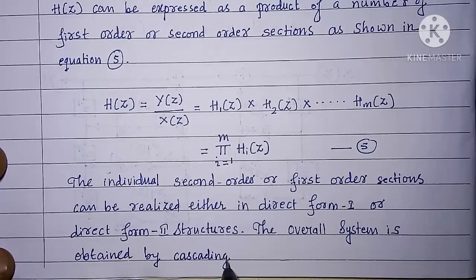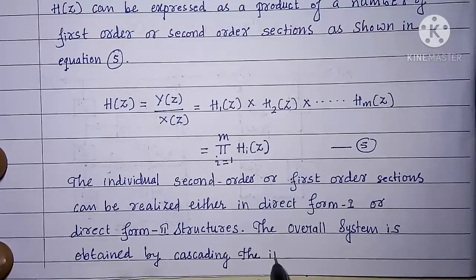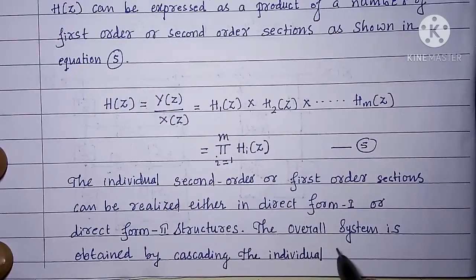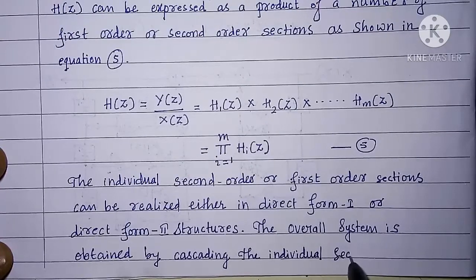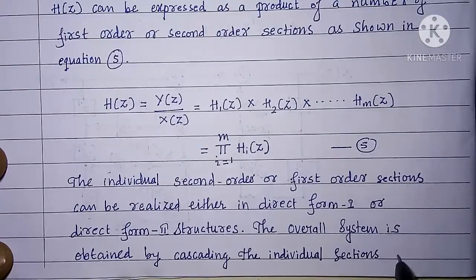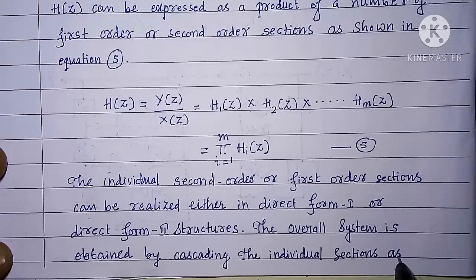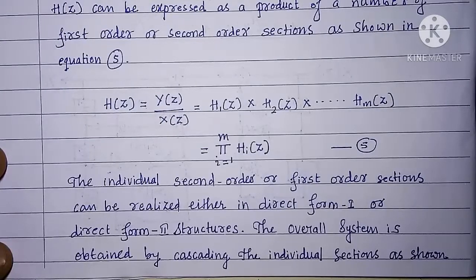Cascading means giving output of first system as input to the second system, output of second system as input to the third system, and so on. The individual sections are connected as shown in figure below.